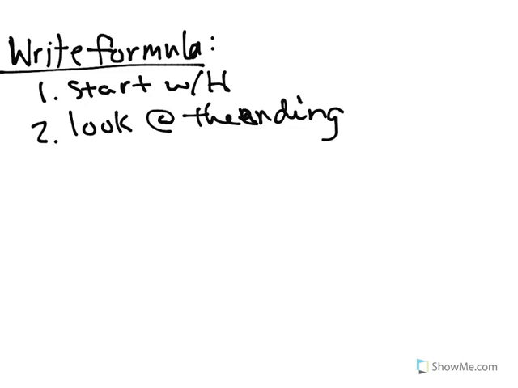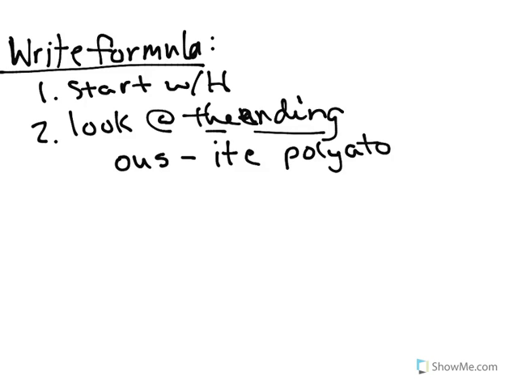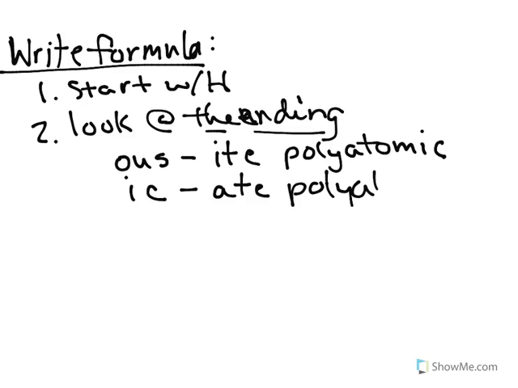This is why this can get tricky, because the rule is different depending on what the ending is. If it ends in OUS, this is an ITE polyatomic. If it ends in IC, this is an ATE polyatomic. Okay?